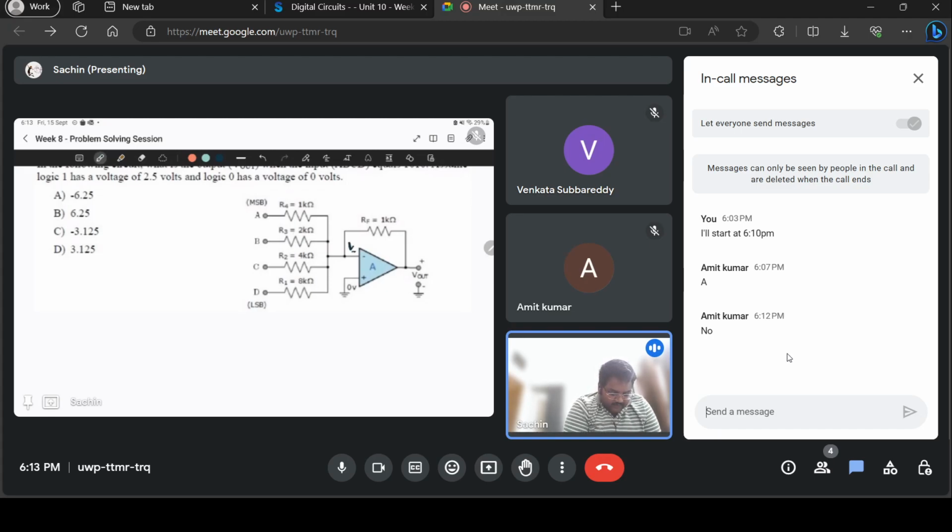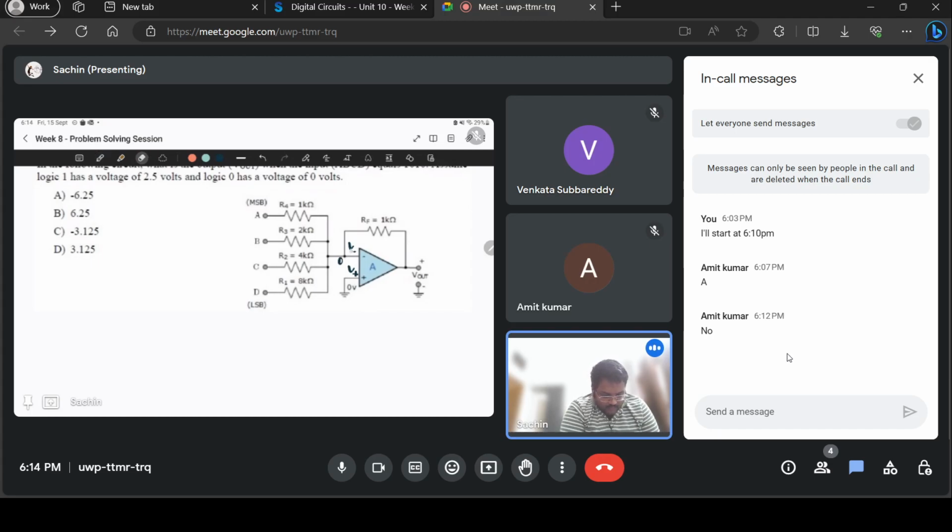Suppose this is V minus and this is V plus. Then when you give negative feedback, the op amp will try to bring both to the same level. But I have already fixed my V plus to 0 volts, so it will bring this V minus also to 0 volts.